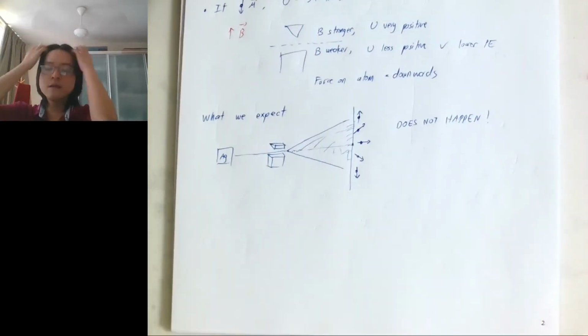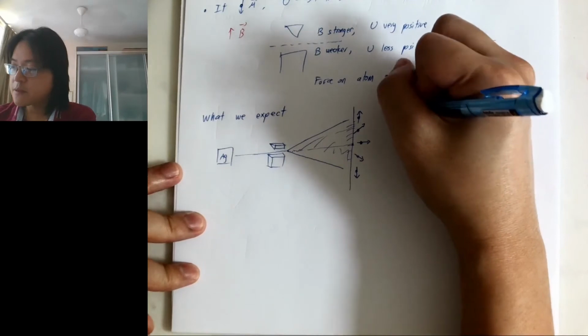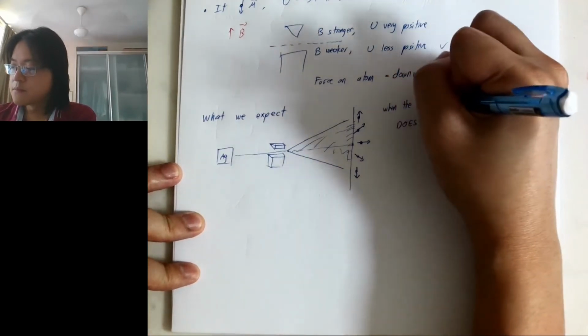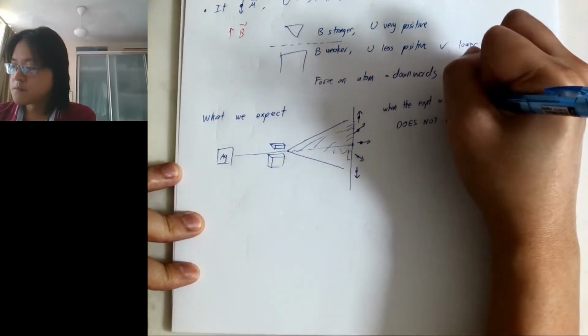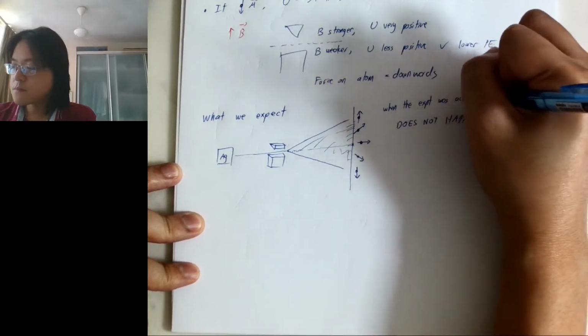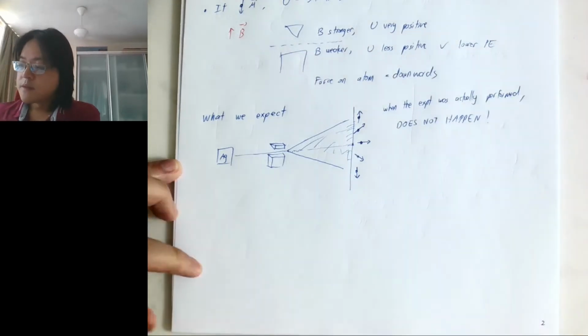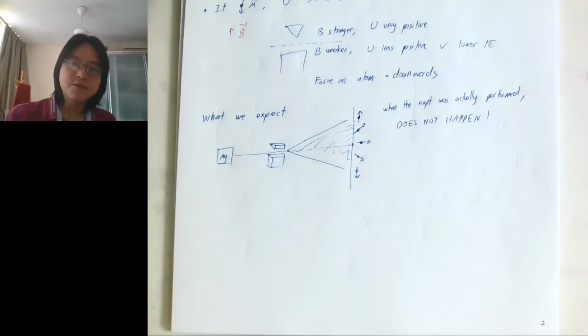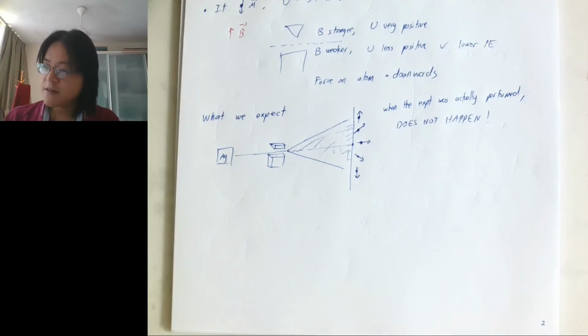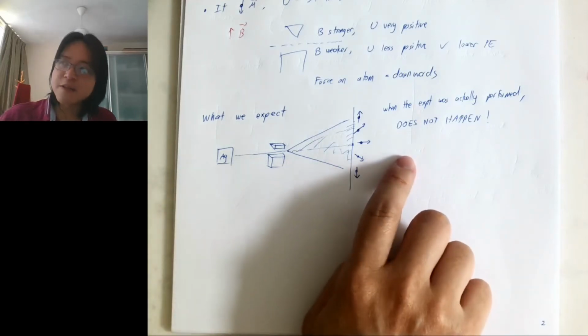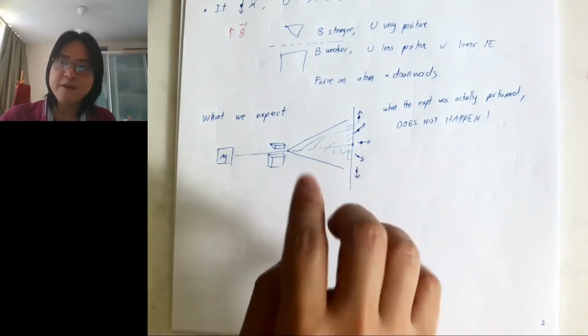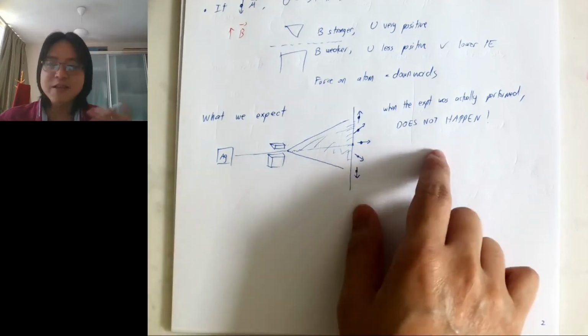When the experiment is actually performed, this does not happen. By the 1920s, people had already done the photoelectric effect and things like that, so it's not that big of a surprise.